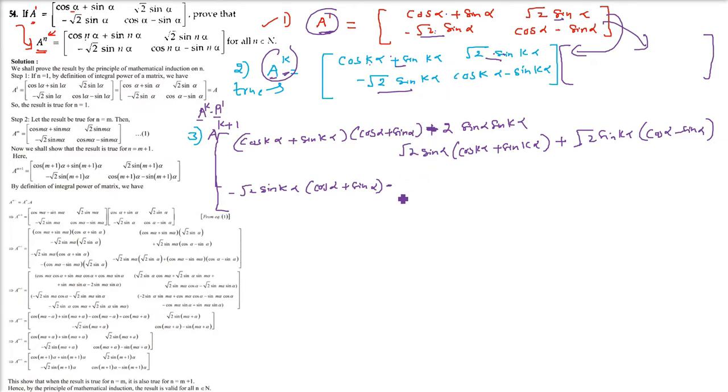I am purposefully placing a negative sign here, root 2 here, and sin alpha will be multiplied by cos k alpha minus sin k alpha. Please remember, the second row with the first column we have multiplied. And now the second one: minus root 2 times root 2 is 2 sin alpha sin k alpha.